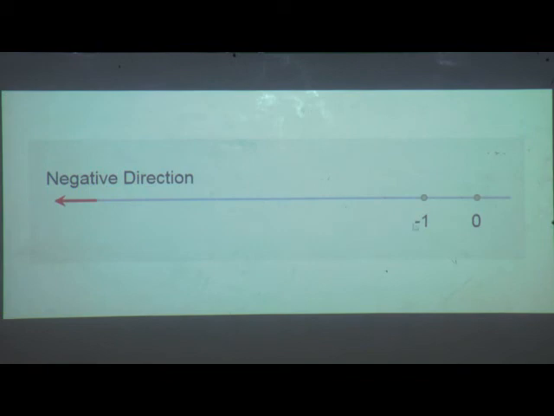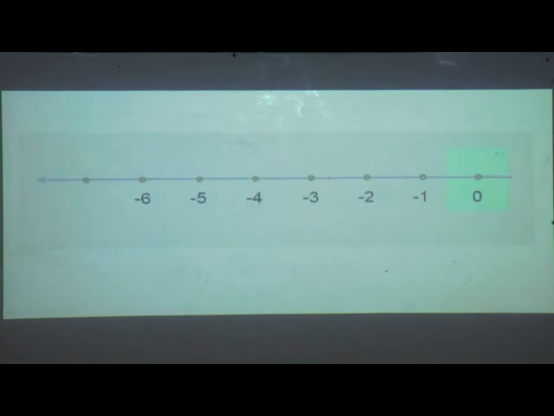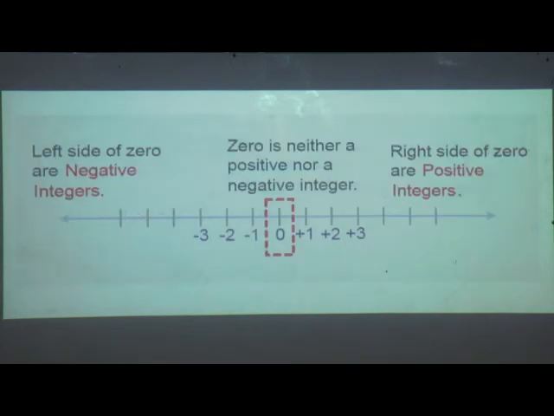The numbers to the left of 0 are negative numbers, and the left direction is called the negative direction. The numbers to the left of 0 are -1, -2, -3, -4, -5, -6, and so on. 0 is neither a positive nor a negative integer.